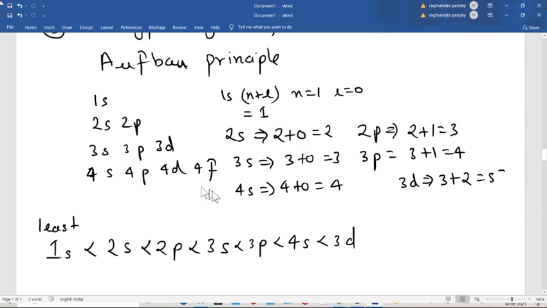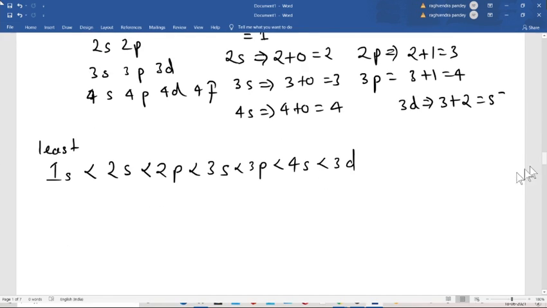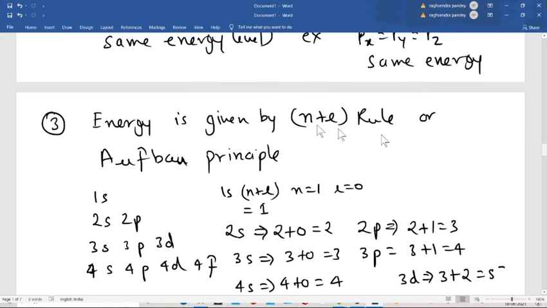We will arrange the rest later, but up to here that is sufficient. Understood this energy level? Got it? So this is your third rule, N plus L.